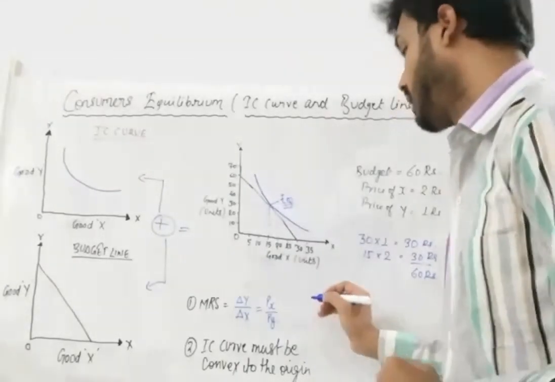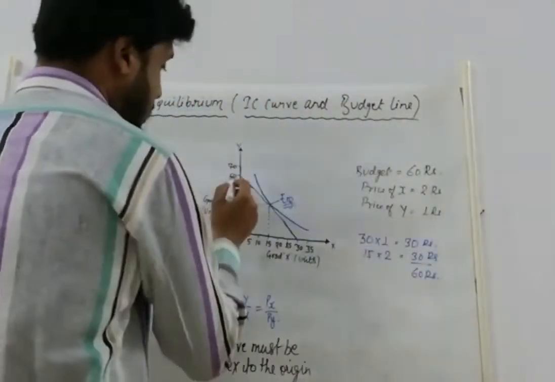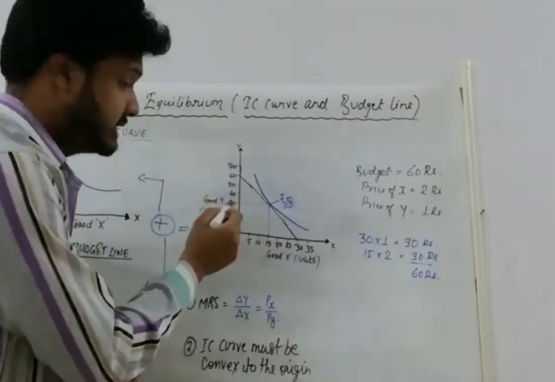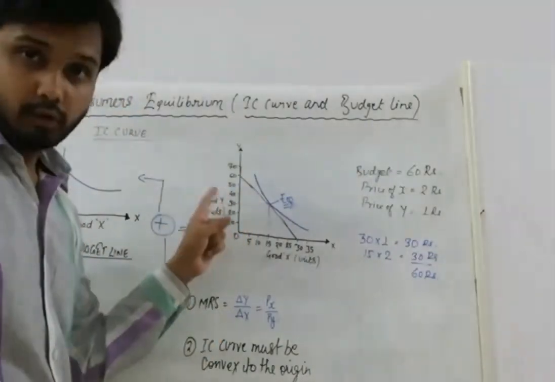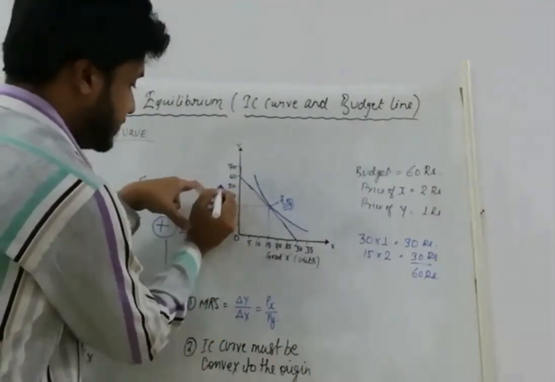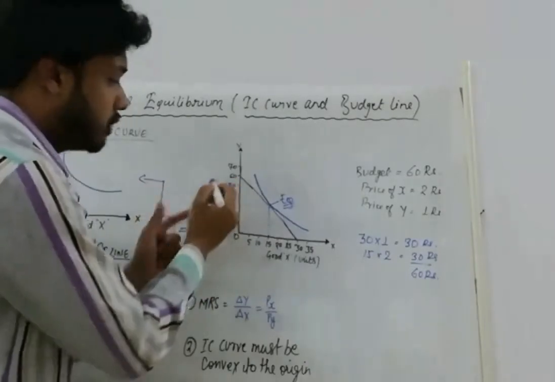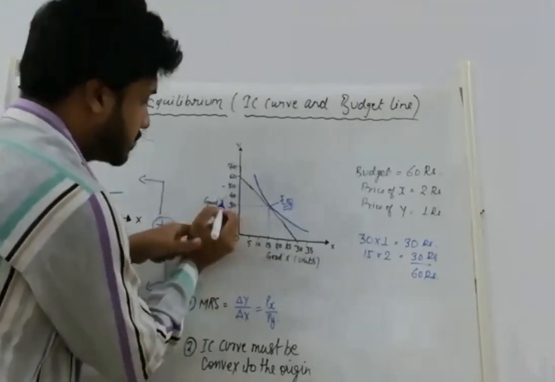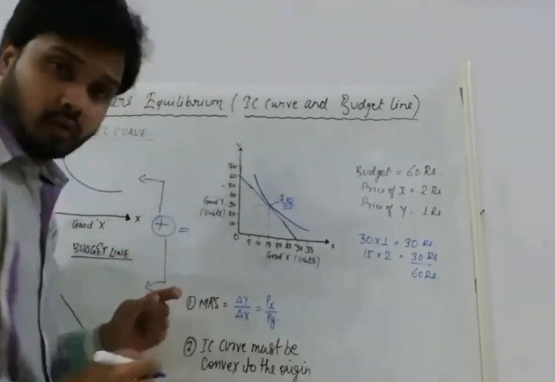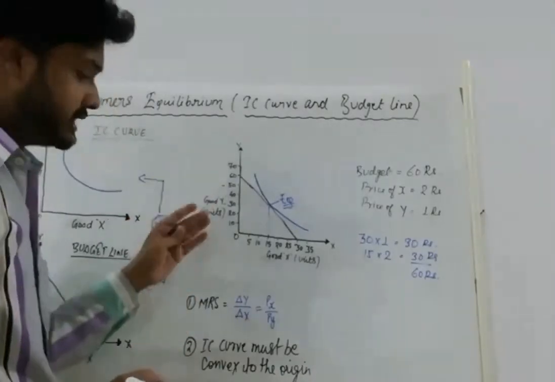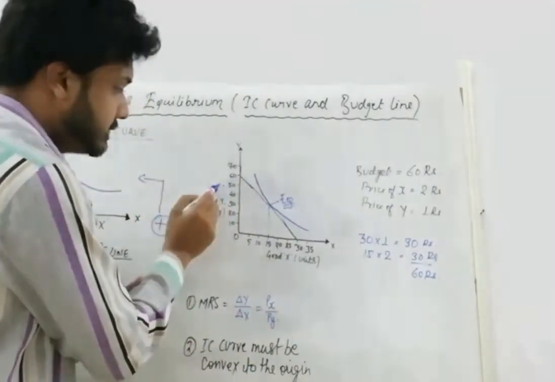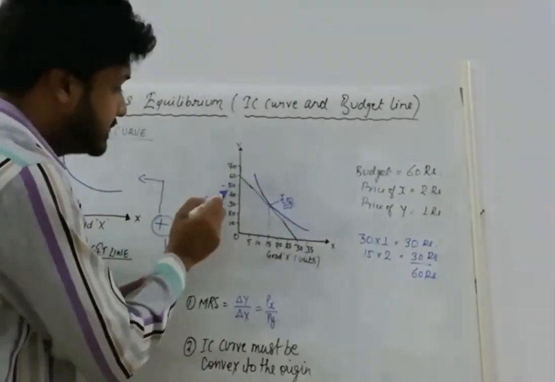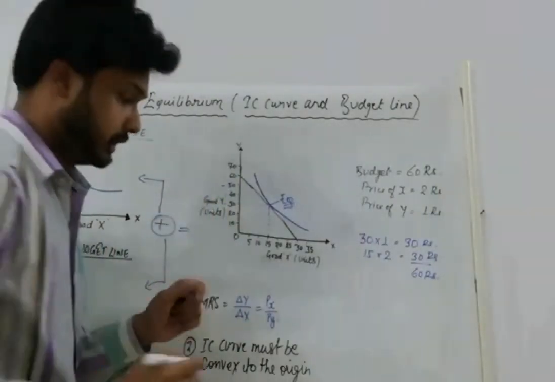Let us see whether this condition is being satisfied or not. Earlier we were purchasing 50 units of Y, but now we are purchasing 30 units of Y. So the change in Y, that is the loss in Y, is 20 units, because earlier 50 was being purchased but now it is 30 only.